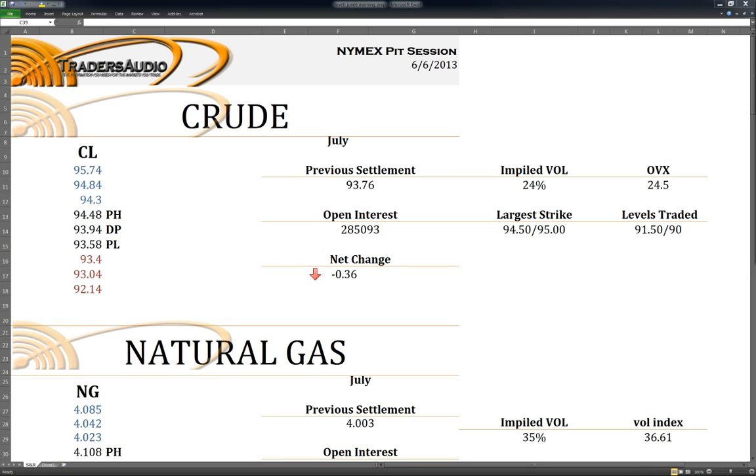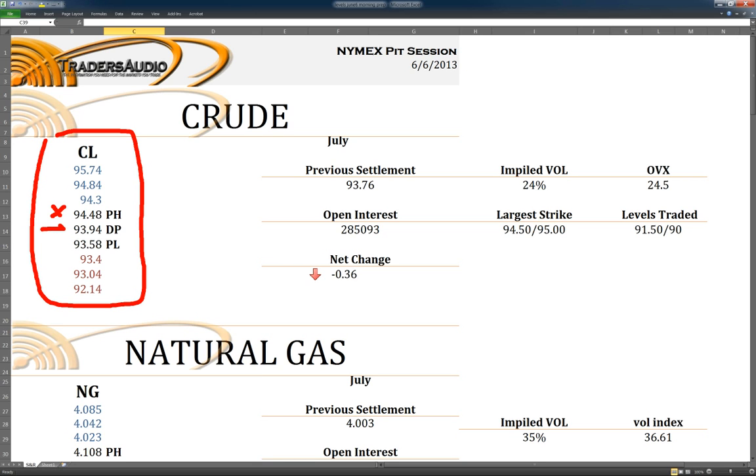All right, guys, so levels for June 6th. Yesterday's pit session high was 94.48, where it says PH. Again, pit session high from yesterday, 94.48. Your low, 93.58. We ended up closing and settling the day at 93.76, kind of in the middle of our range. Today, your daily pivot is 93.94, right in the middle there.